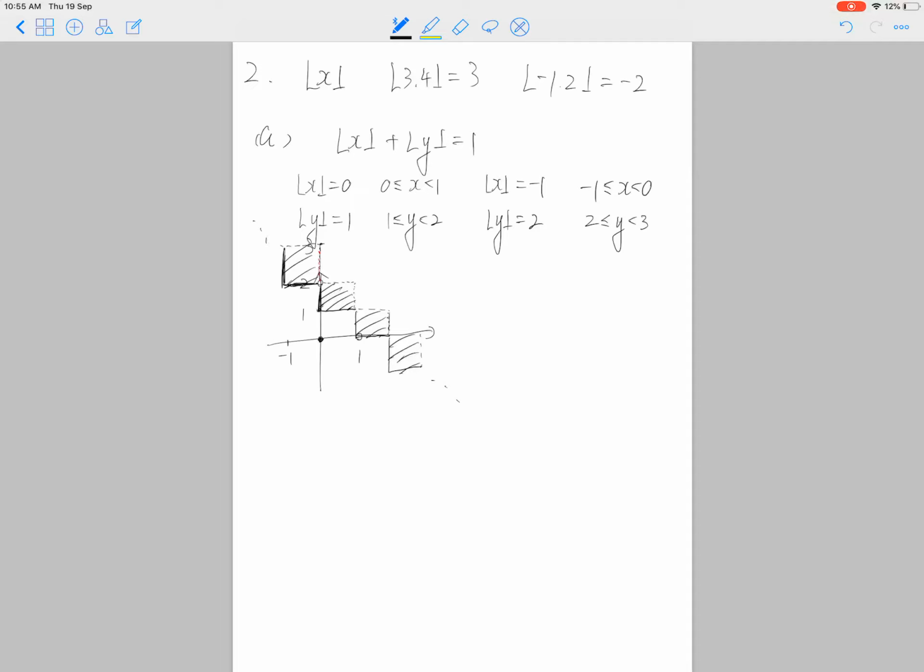Okay. Second region, it's floor of x minus floor of y. It's 1, right? Again, you can just draw two parts.